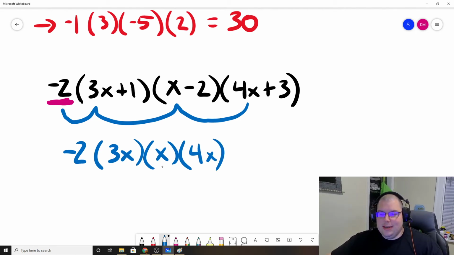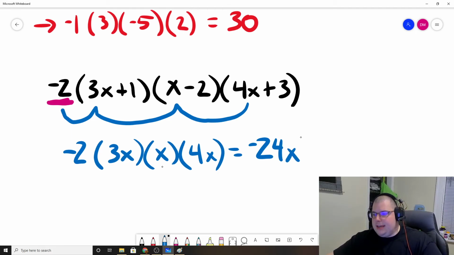So -2 times 3x is -6x, times x is -6x squared, times 4x gives me -24, because -6 times 4 is -24. And then x squared times x gives me x cubed. So that's the leading term of my polynomial, the leading coefficient, and it shows me the degree of that polynomial.